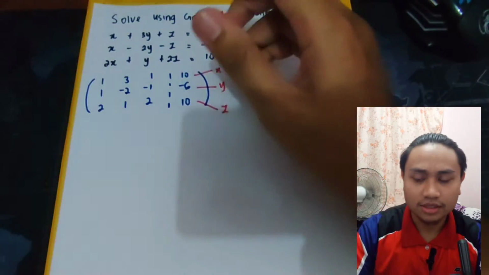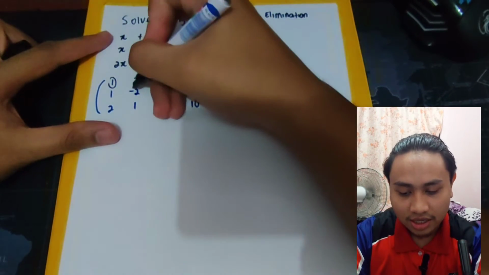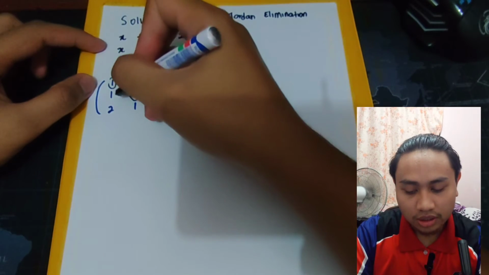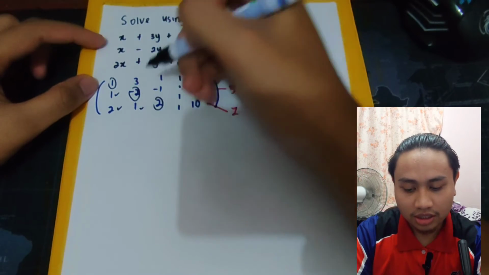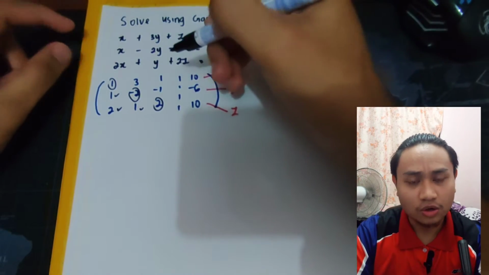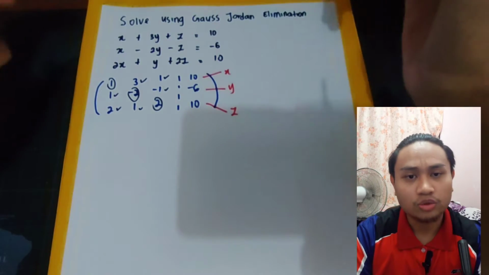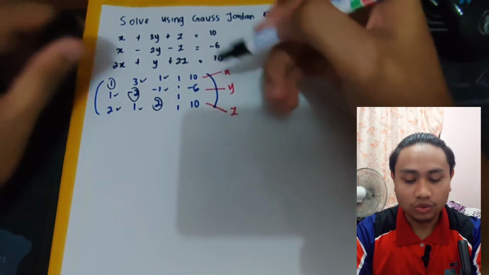So the idea is we need to make the numbers here, here, and here become 1, and the three at the bottom here, here, and here, we need to make 0, and also the top one here we need to make 0. Then we can get the answers for variables x, y, and z.